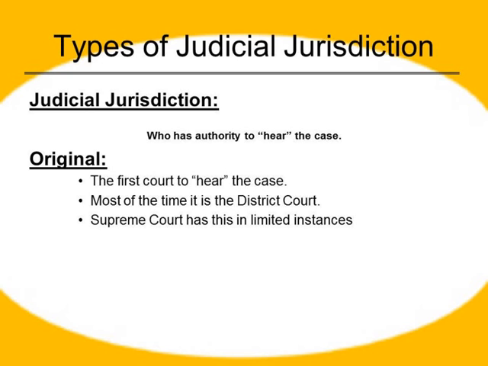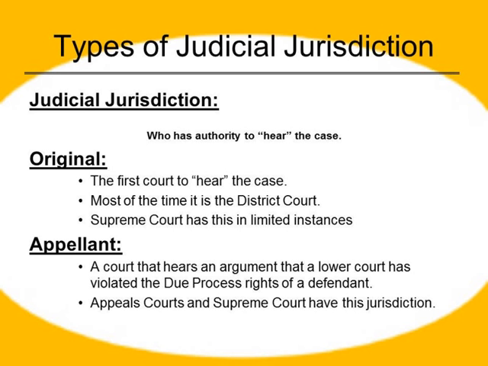But you have to realize that probably 95% of the time or better, the Supreme Court is not using original jurisdiction. Most of the time when the Supreme Court is hearing a case, they're hearing it because they have the second type of judicial jurisdiction, and that is appellate jurisdiction.